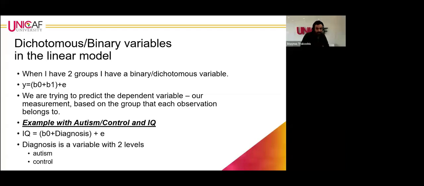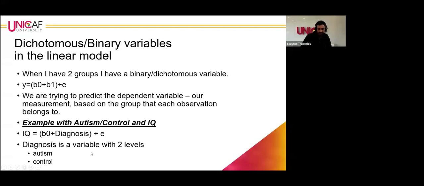For example, if I want to predict IQ in measurements that were done in individuals with a diagnosis of autism and a control group, I will need to include the variable diagnosis inside the model.